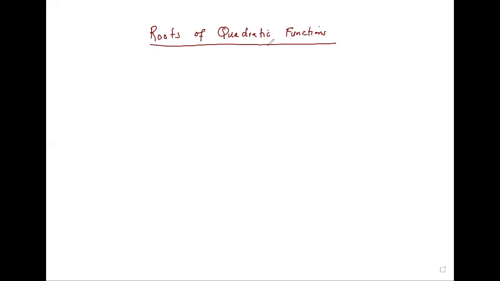So we look at the roots of quadratic functions.